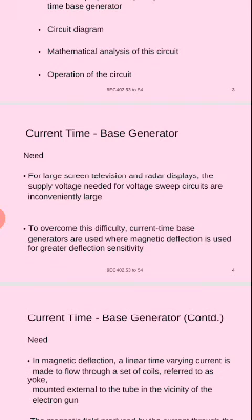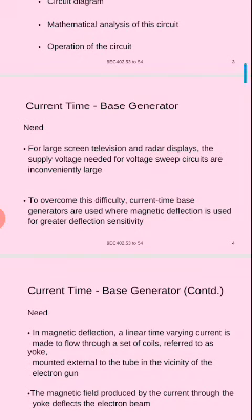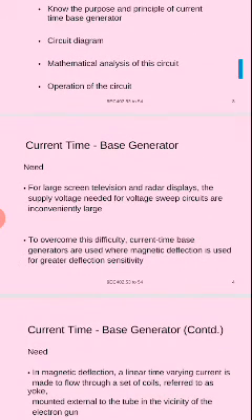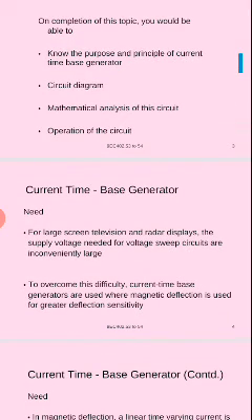To overcome this difficulty, current time base generators are used, where magnetic deflection is used for greater deflection sensitivity. This is the necessity of the current time base generator. It is required in television.